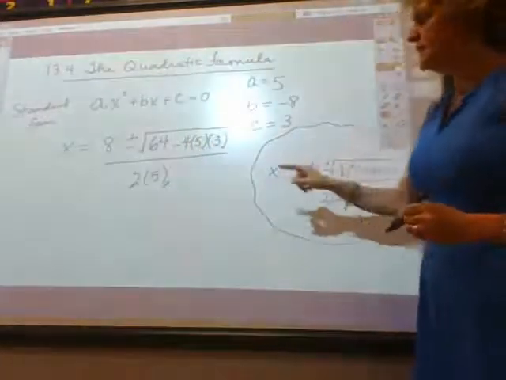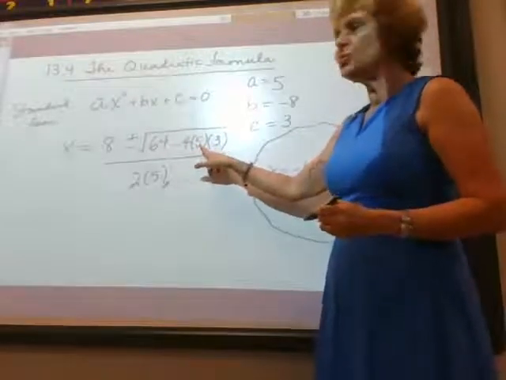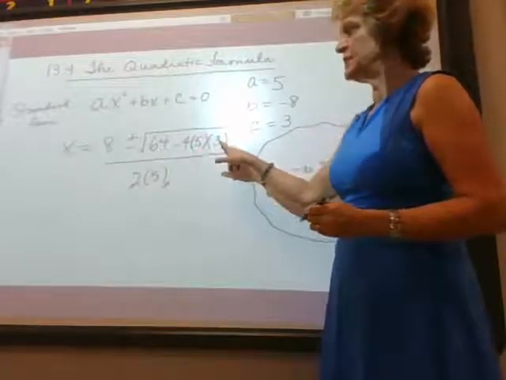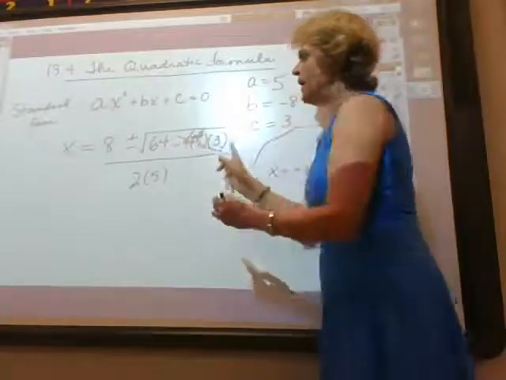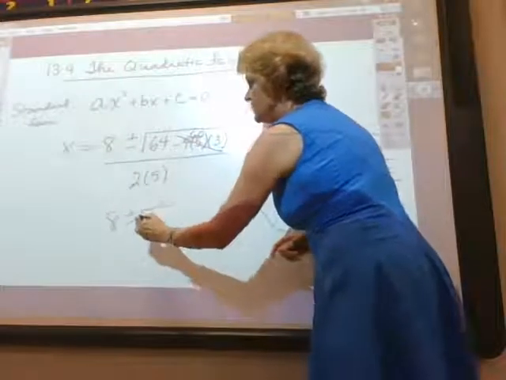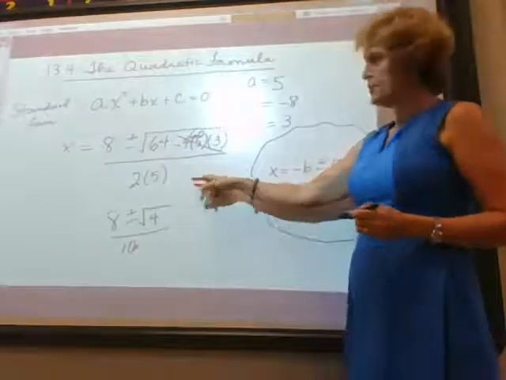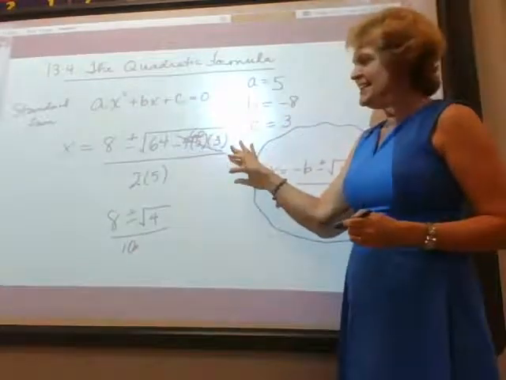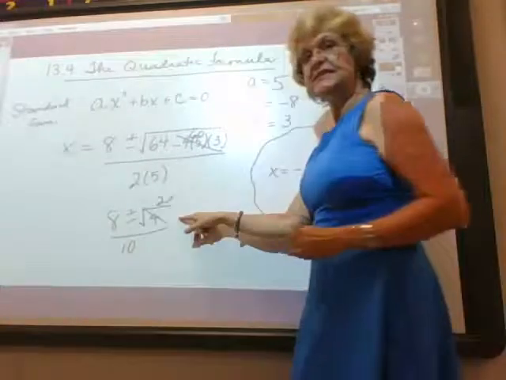All right, so let's think about this. We've got a negative 4 times 5, so 20 times 3 would be 60. Okay, so I have 8 plus or minus radical 4 over 10. I hope you're seeing all of that. Now, the square root of 4 is 2, isn't it?